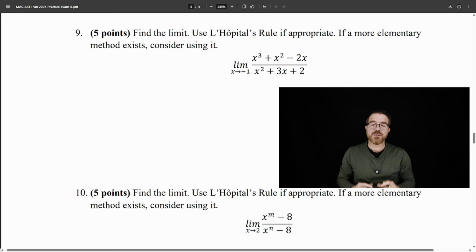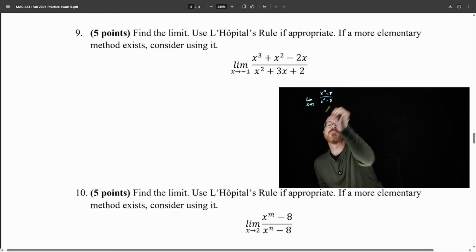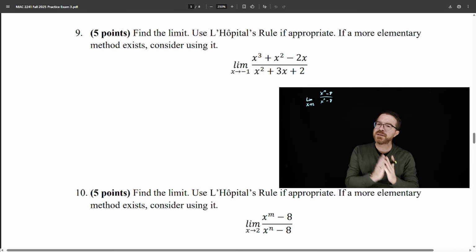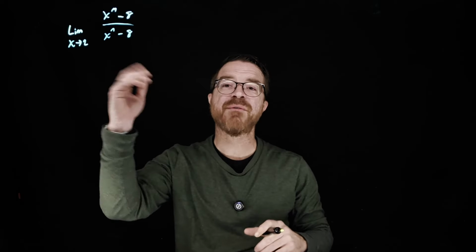For problem 10, we're going to be doing the same thing, but now we have the limit as x approaches 2 of x to the m minus 8 over x to the n minus 8. So this one is a little bit different because we have to actually consider, if we were to evaluate this and plug in 2 for our x's, what do we get?